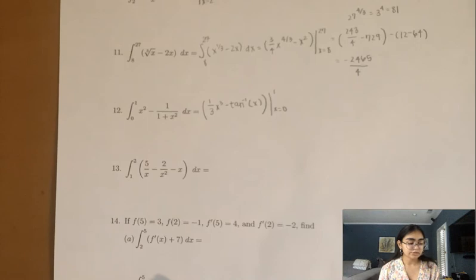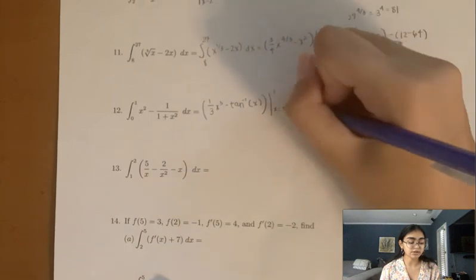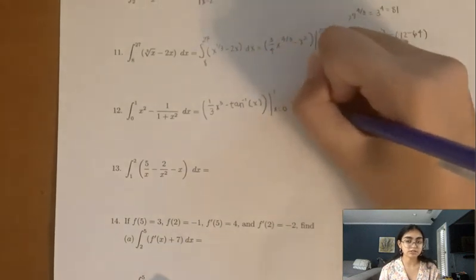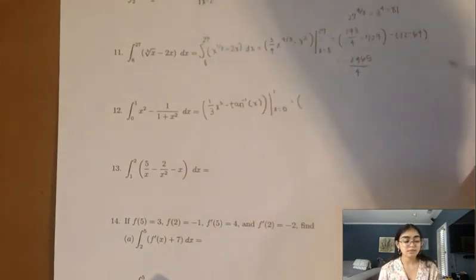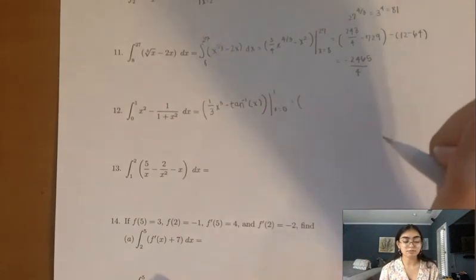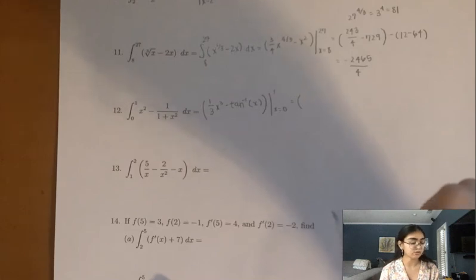And that's going to give us 1/3 times 1 cubed minus inverse tan of 1, all in parentheses, that's the top. And then we're going to subtract the bottom number plugged into the antiderivative, which is 1/3 times 0 cubed minus inverse tan of 0.